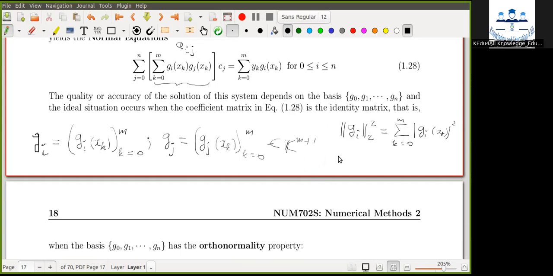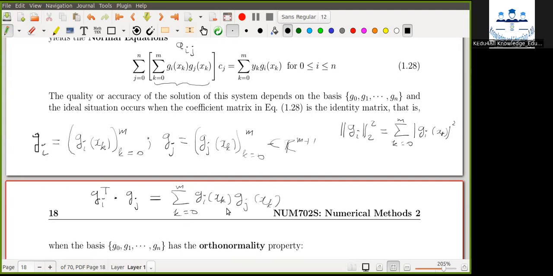And now if we write the dot product of these two, we can write that as g_i transpose times g_j, and this will be equal to the sum, k running from 0 to m, of g_i(x_k) g_j(x_k).